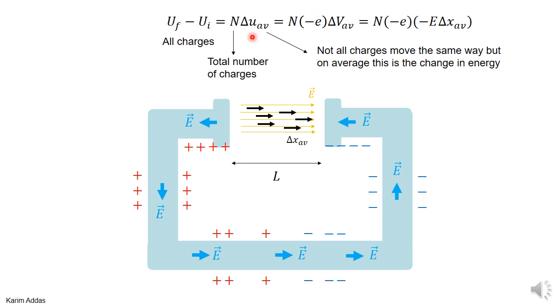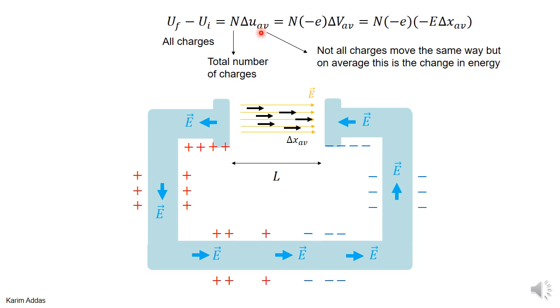Now, what if you want to get the change in energy due to the motion of all the charges in this region? Because there's not just one charge that's moving, there are n charges. And you can imagine each one of the charges is moving a certain distance. The distance that each charge moves doesn't have to be the same, but we can think of some average displacement that the charges move through, and we can then say that the change in energy is n times this change in average energy due to the motion of each charge.